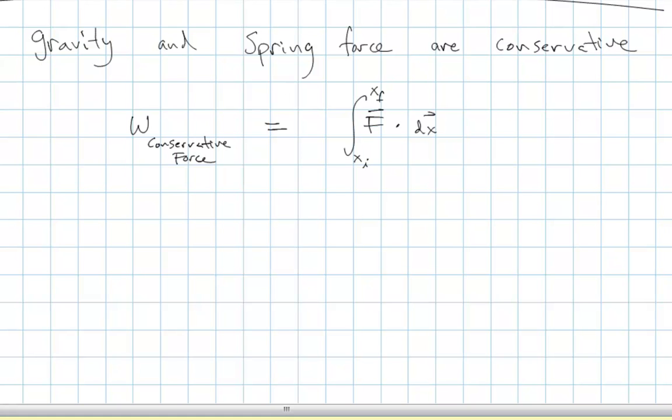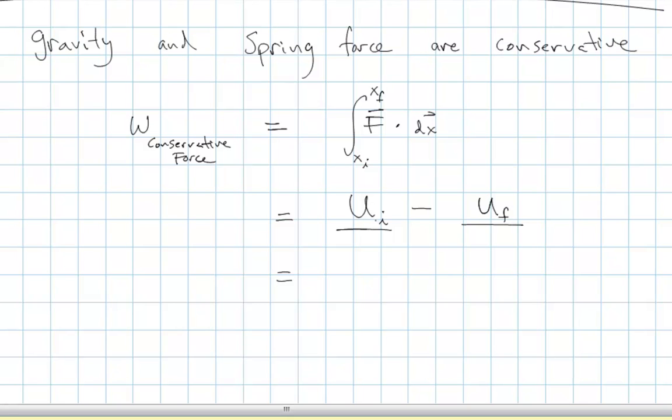So what's special about a conservative force is that when we integrate it to find the work done, we end up with a term minus another term. The first term, because we're evaluating it from x initial to x final, we call the initial potential energy, and the second term the final potential energy.